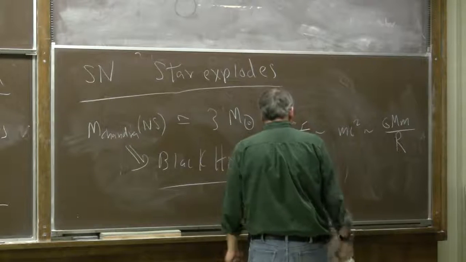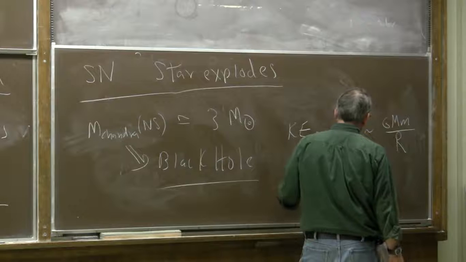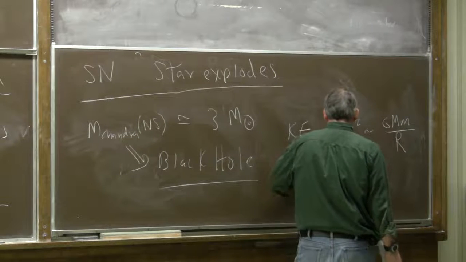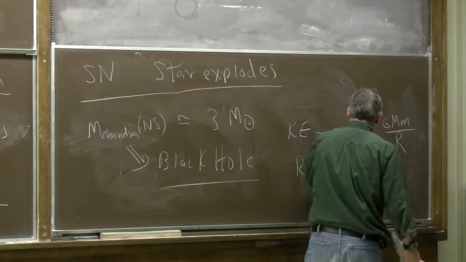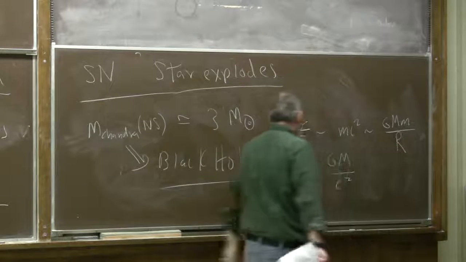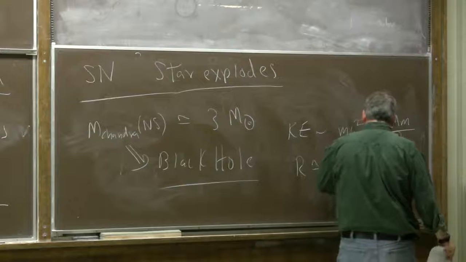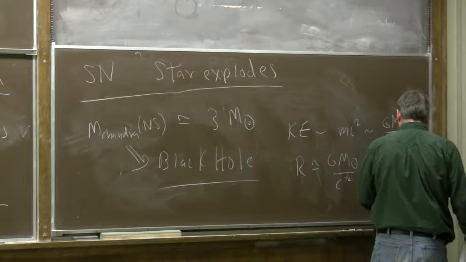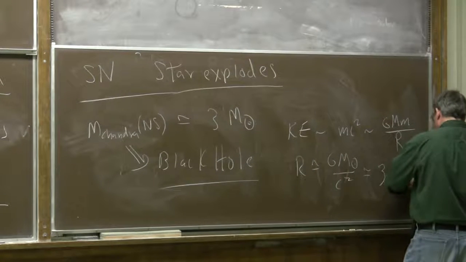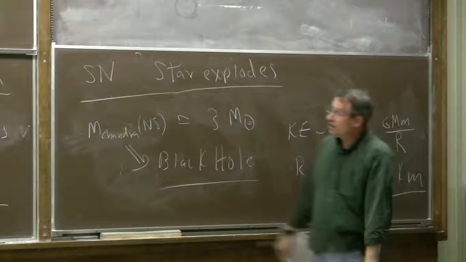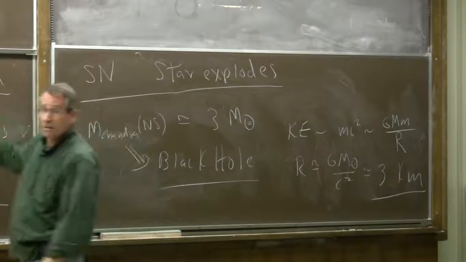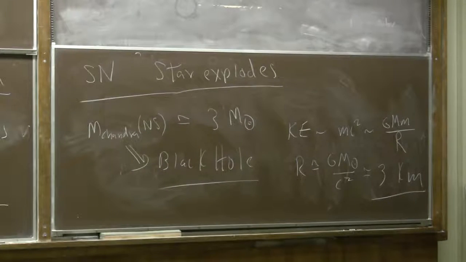And so that gives a value of r, which goes like GM over c squared. So for a solar mass, that's just a few kilometers, 3 kilometers. It's not much smaller than the neutron star, which is maybe more like 10 kilometers.